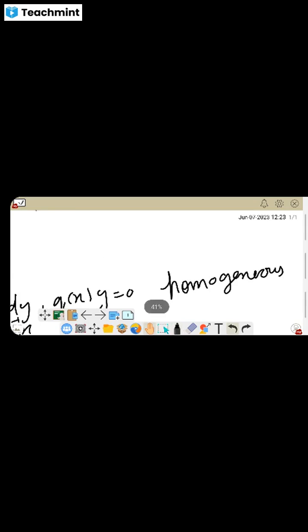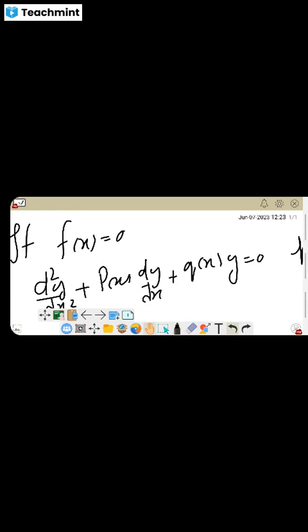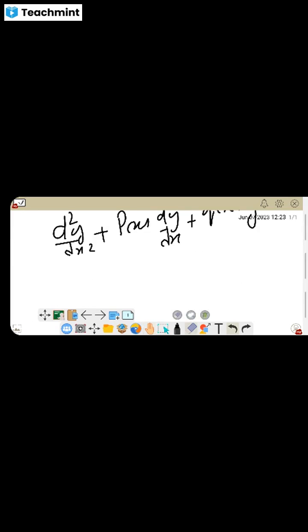Now, for a differential equation, we need to find the solution. To solve such type of questions, we take y is equal to e to the power lambda x.